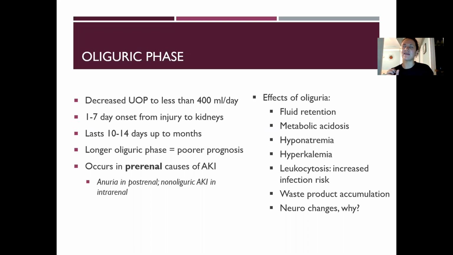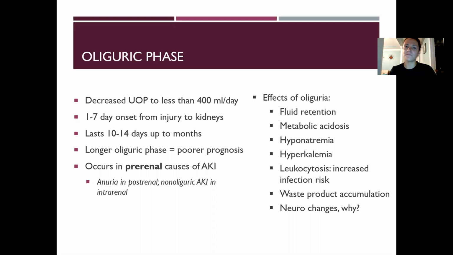And then the effects of oliguria are fluid retention. So if we're not excreting the urine out, then it's staying within the body, and any associated signs and symptoms with that. So that can be like crackles on the lungs, peripheral edema, JVD, etc. Metabolic acidosis will occur.